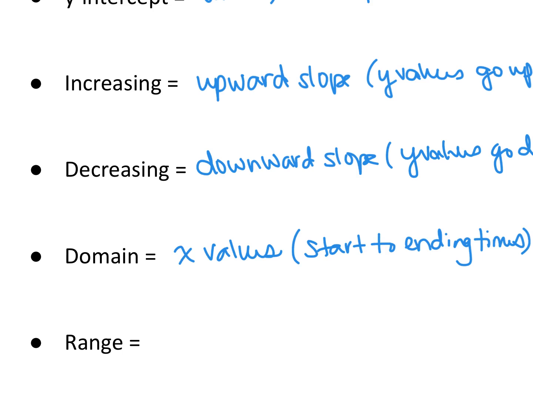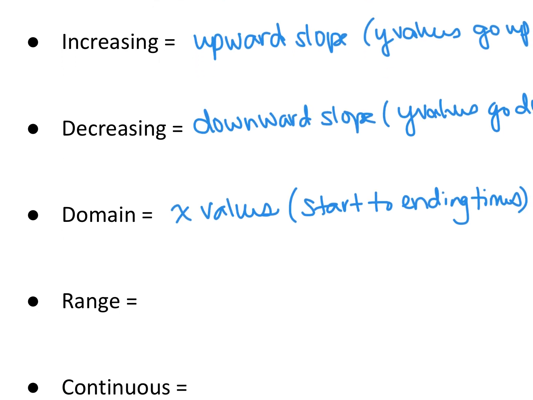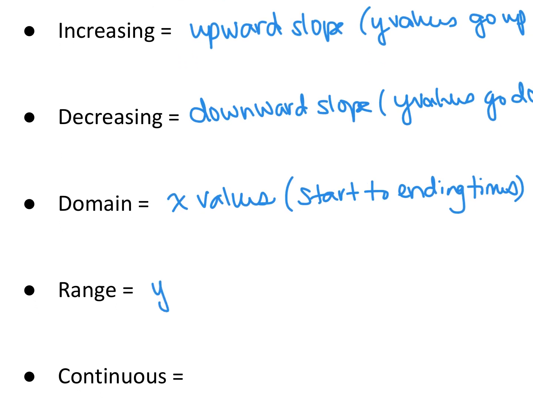Okay, our range, that's a new vocab term we've not seen before. That's our y values. And that is, for this situation, the water level, right? That's the empty to full water level.